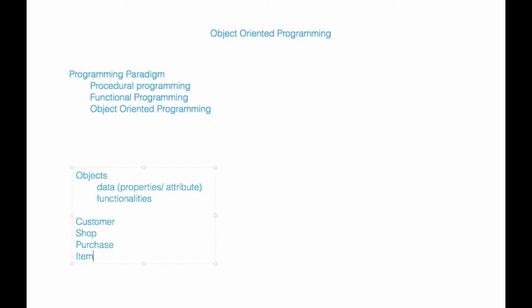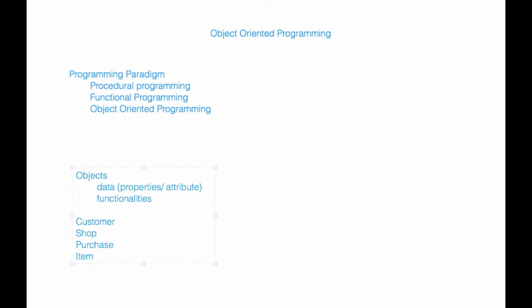How do these objects interact in the system? What is the interaction between a customer and shop? What is the interaction between shop and purchase? What is the association between a purchase and item? So we need to think about what all the objects are in a particular system.